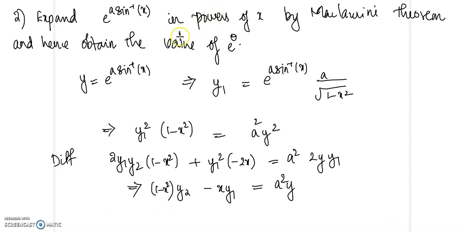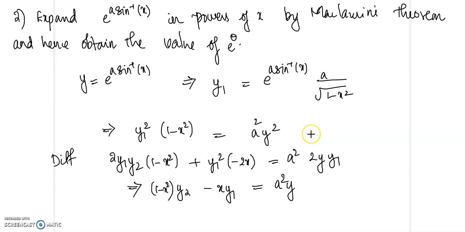Next problem is expand e raised to a sin inverse of x in powers of x by Maclaurin's theorem, and hence obtain the value of e raised to theta. So here let us first of all look at the Maclaurin series for y equal to e raised to a sin inverse of x.